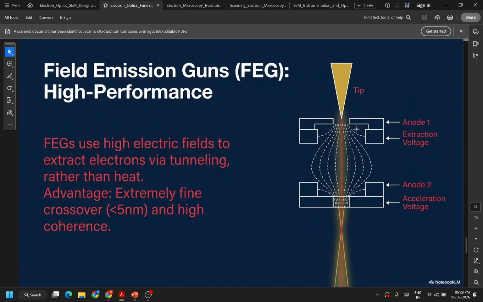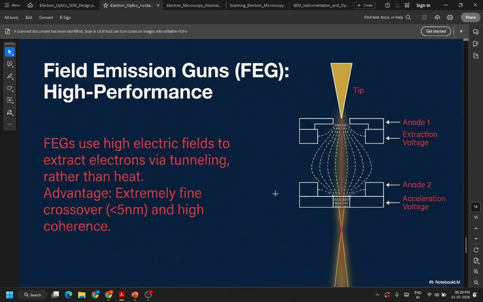Here, instead of heating the filament, we use tunneling to extract electrons. This is known as extraction. The first anode is used as the extraction voltage, and the second anode is used for your acceleration.